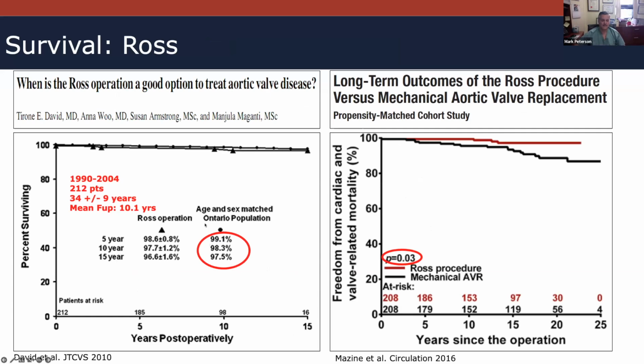So at 10 years, Ross survival was 98%, not 80% or 70% as we saw in the other studies for prosthetic valve replacement, and matched the Ontario age and sex matched population. This is another study looking at long-term outcomes of Ross versus mechanical valve, and you can see the Ross outperforms mechanical AVR.